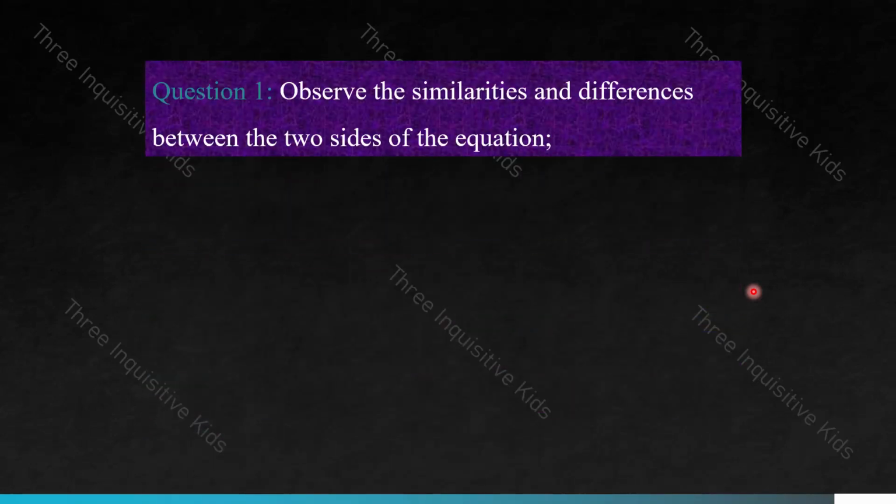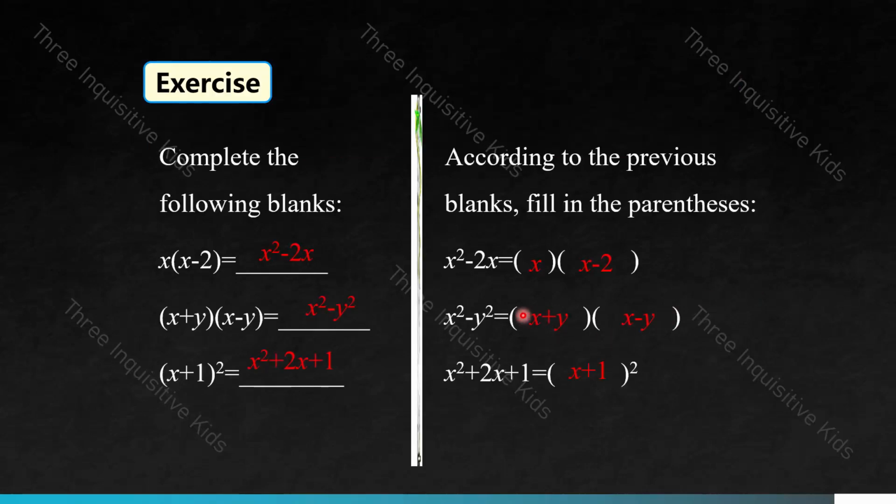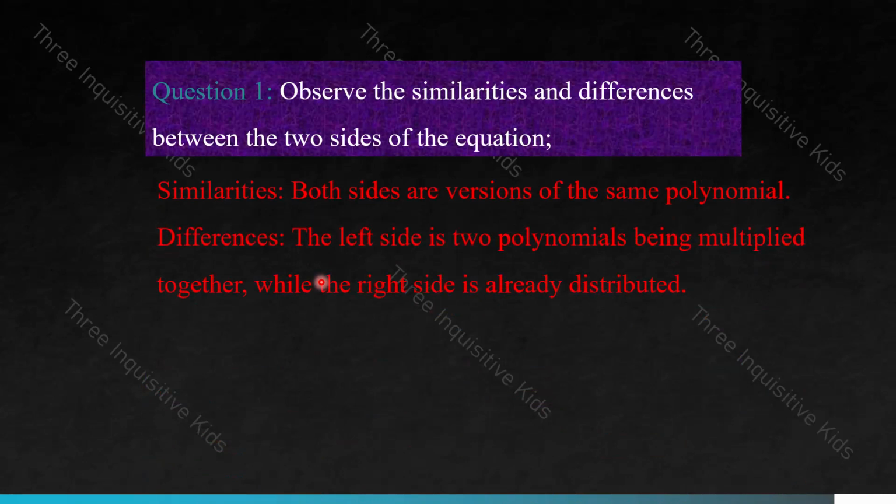Observe the similarities and differences between the two sides of the equations. So what are the similarities and differences between these two sides of the equation? Well, here are the similarities. Both sides are versions of the same polynomial, but the differences are that the left side is two polynomials being multiplied together, while the right side is already distributed.